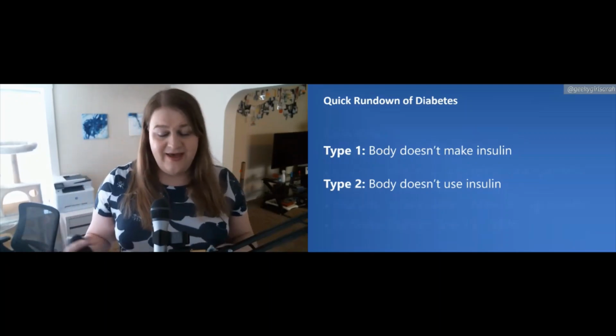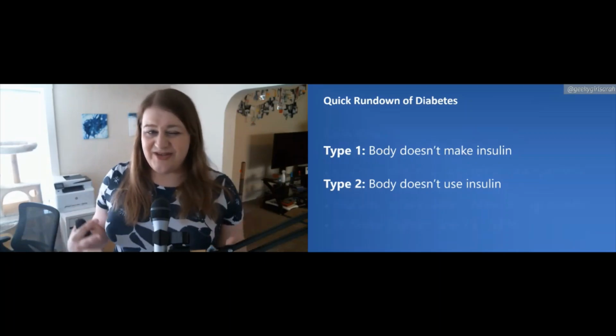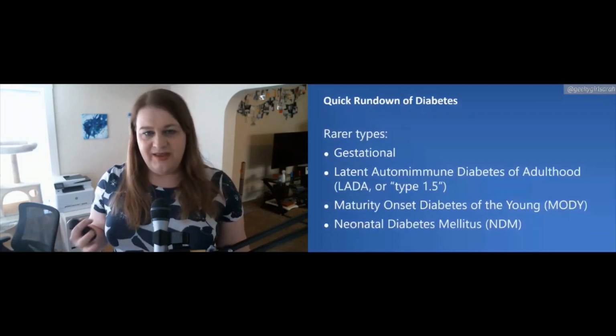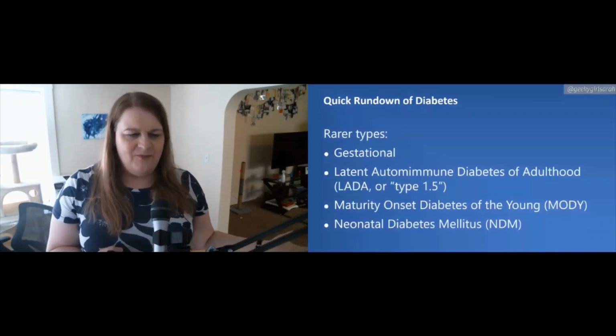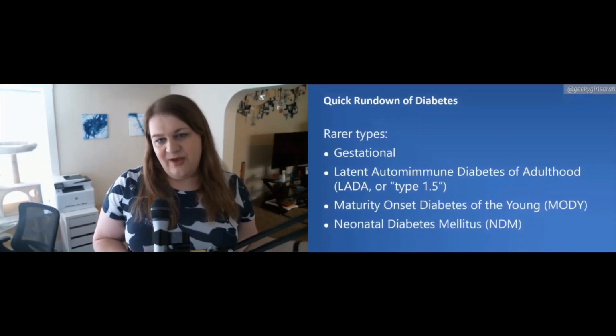There's LEDA, and I'm not going to go into these other types too much, but LEDA is probably what I actually am. I don't have the autoimmune disease, so there's probably something else going on behind the scenes that makes me effectively type 1, but not technically type 1. And then there are these other types as well.